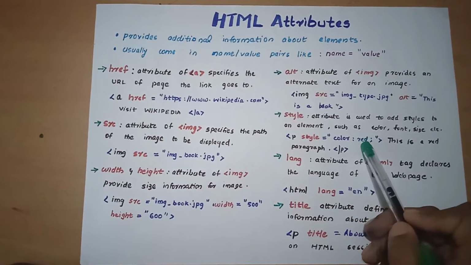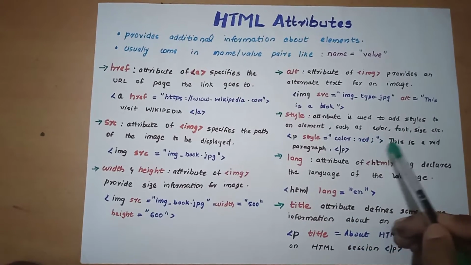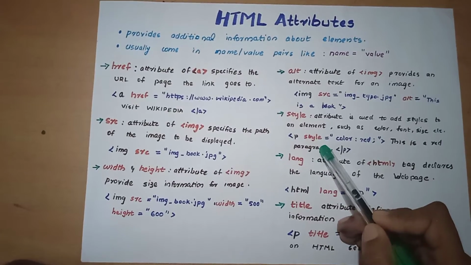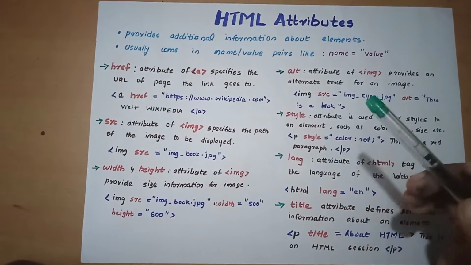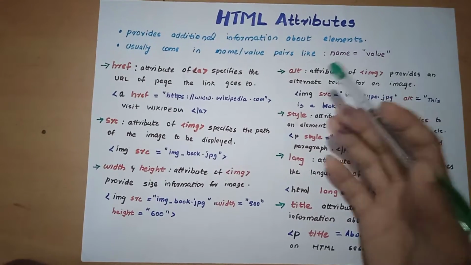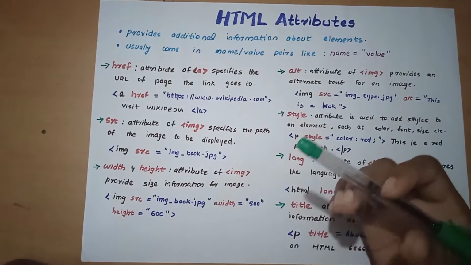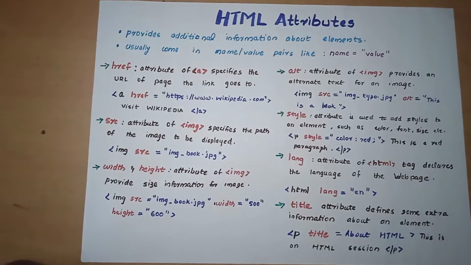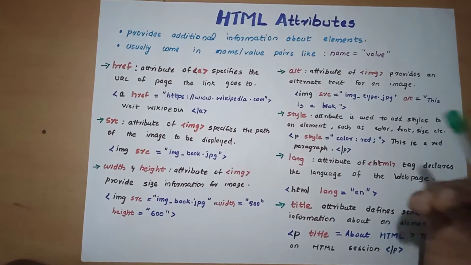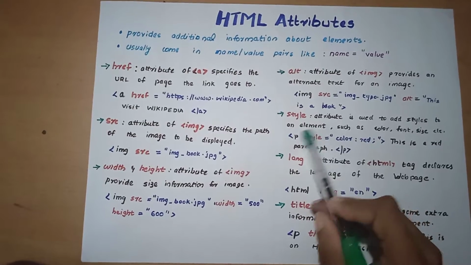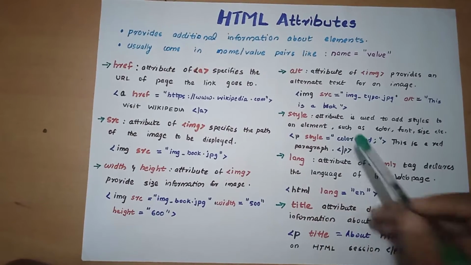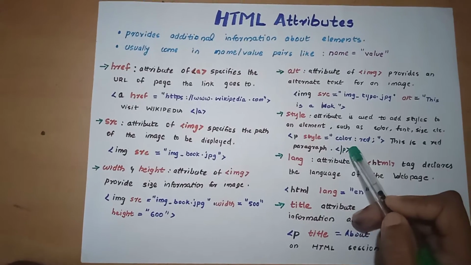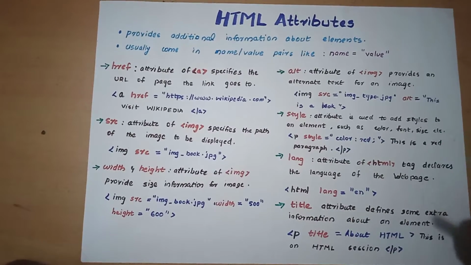So we want to display this is a paragraph, this is a red paragraph. That means, until now, everything we wrote was displayed in the default color and font, but by using this style we can change the color, font, size, etc. of the text that we want to display in our web page.